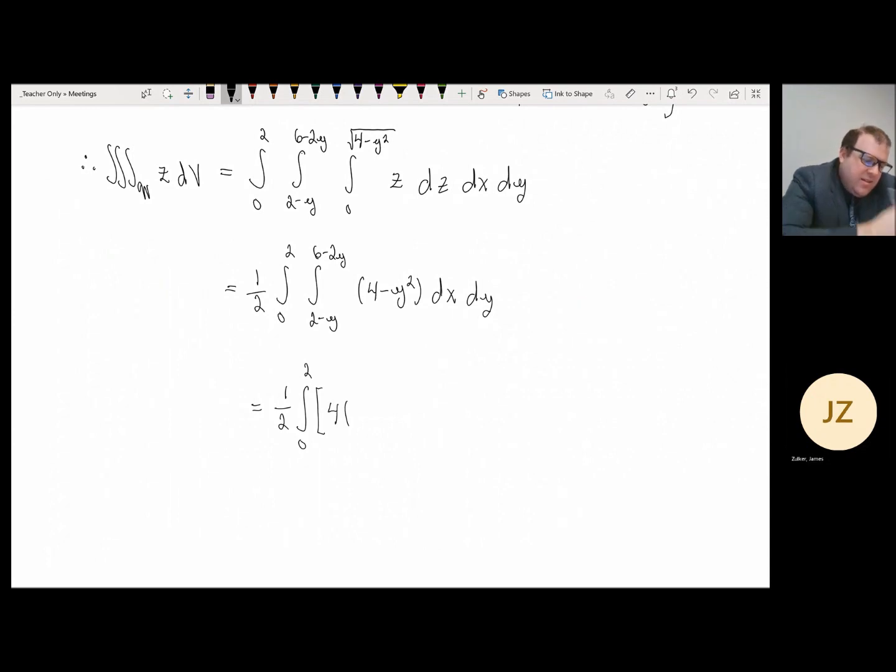Times the length of that interval. 6 minus 2 is 4. Negative 2y minus negative y, minus y.